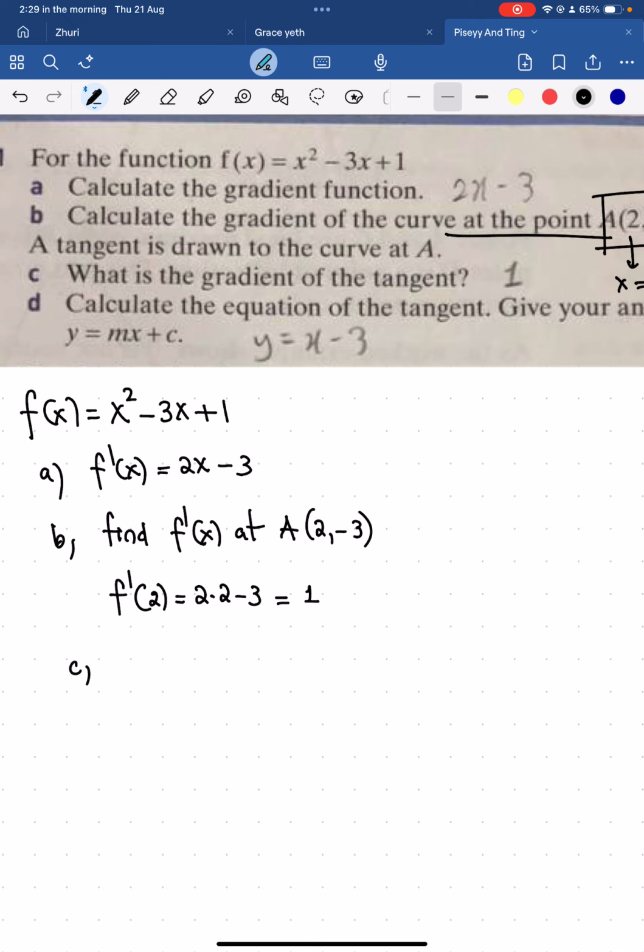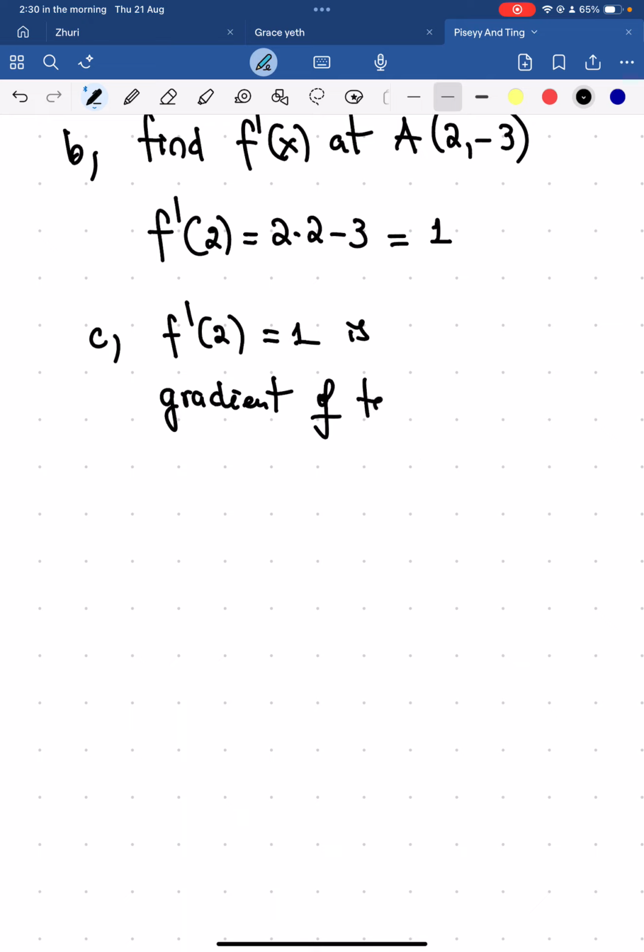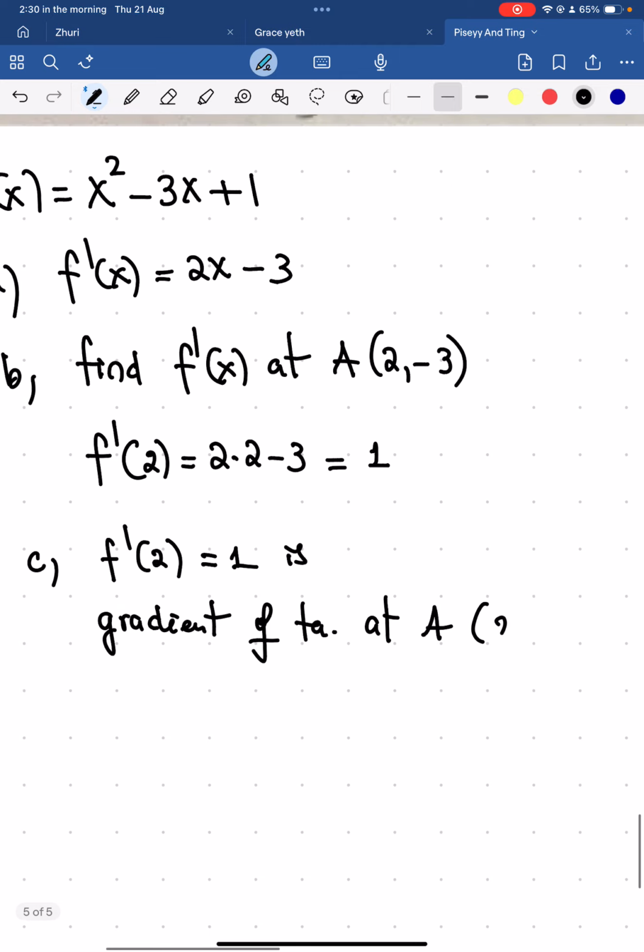They're just telling us the same thing. I'm sorry for my English as well. So f prime of 2 equal to 1. That is the gradient of the tangent at A, which is (2, -3), right?